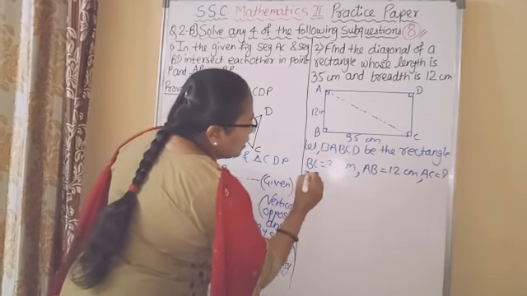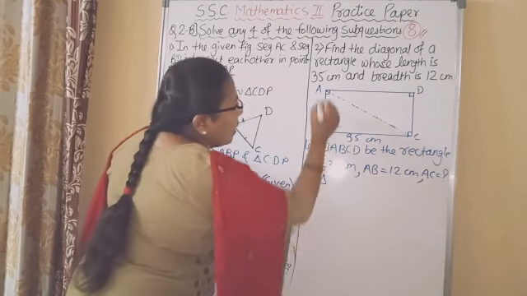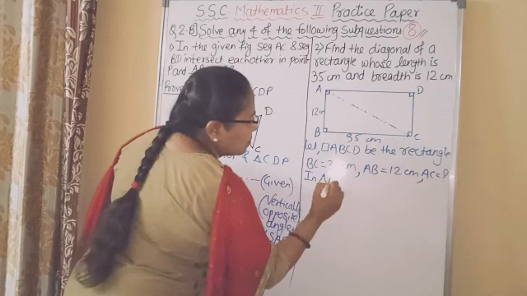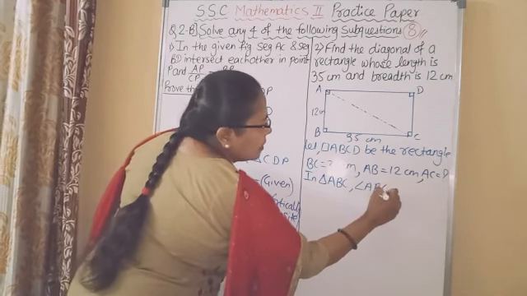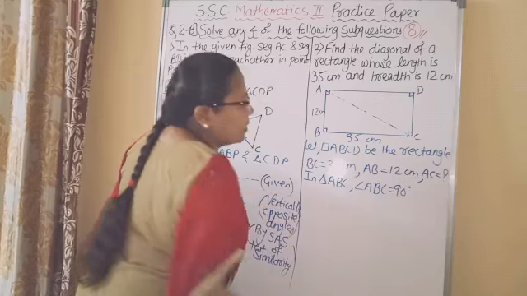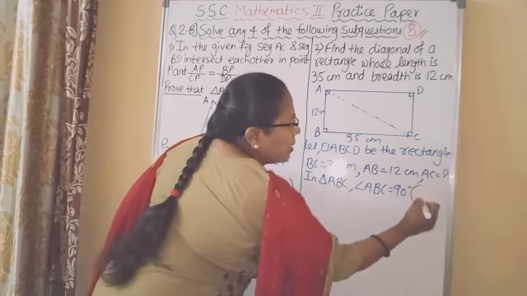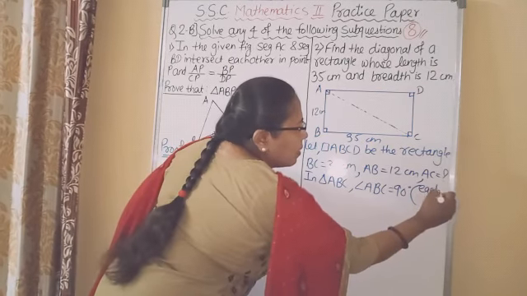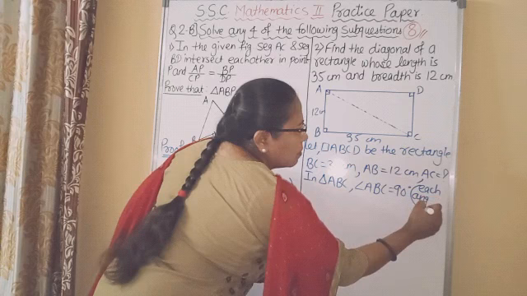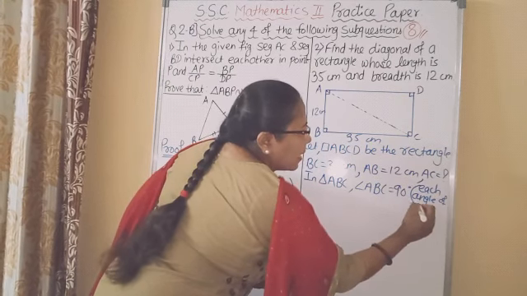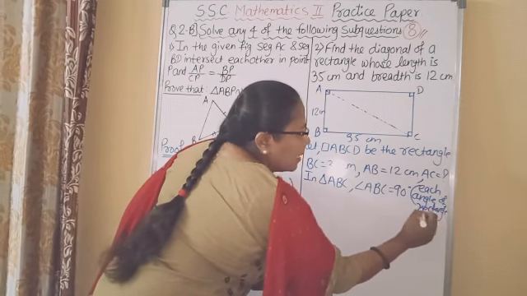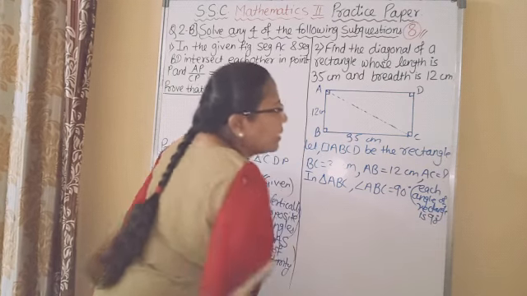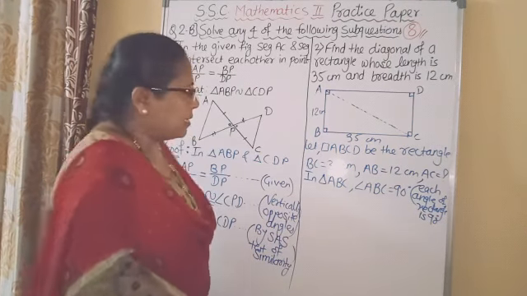So write down here, in triangle ABC, angle ABC is equal to 90 degrees. Reason, write down: each angle of a rectangle is 90 degrees.